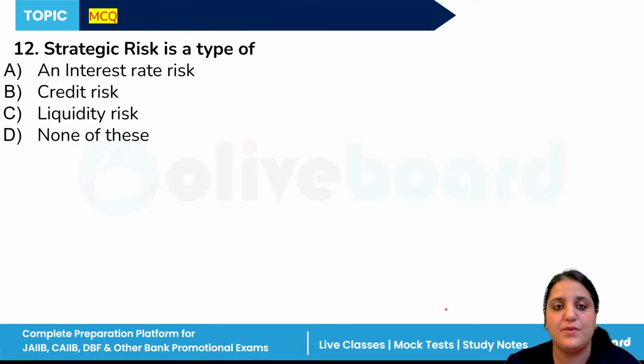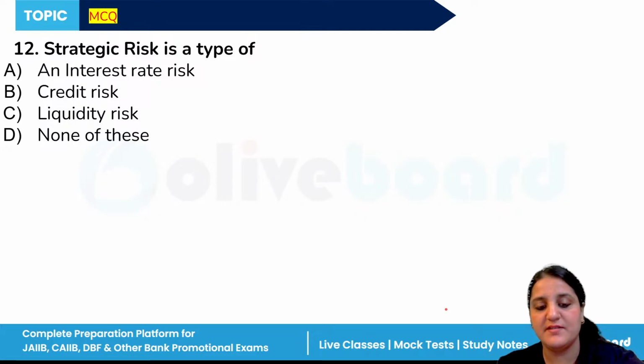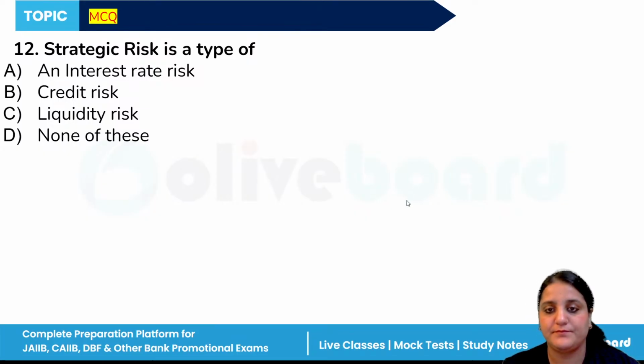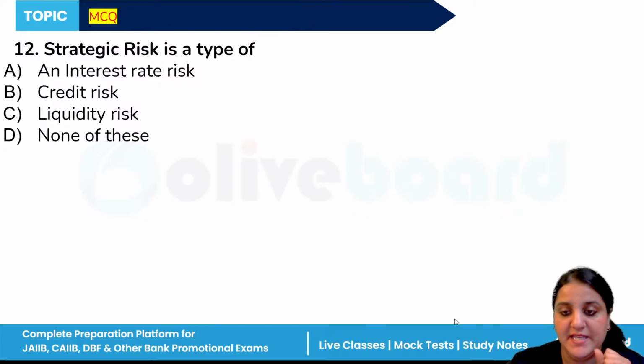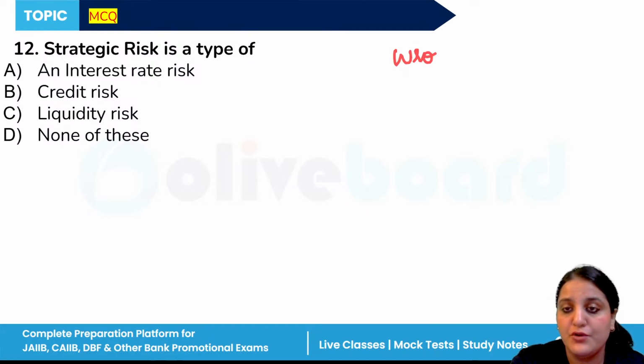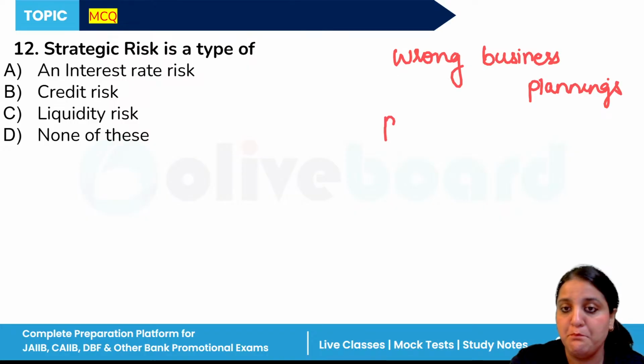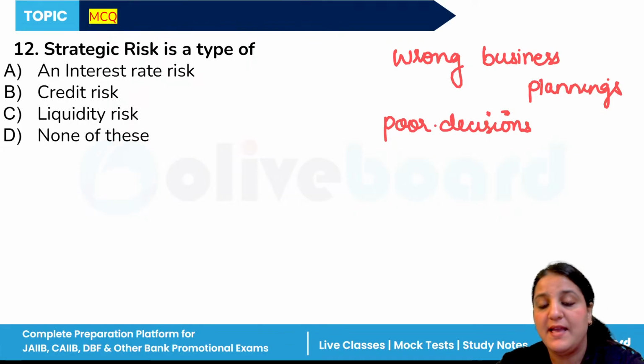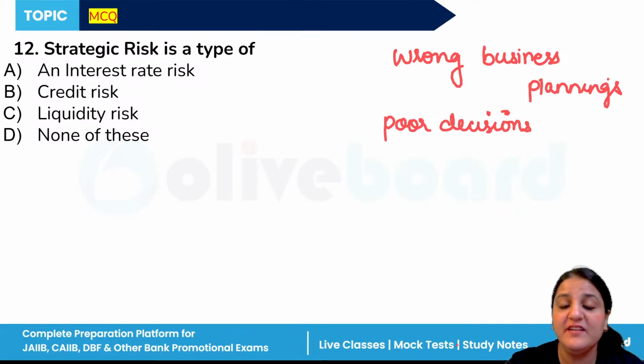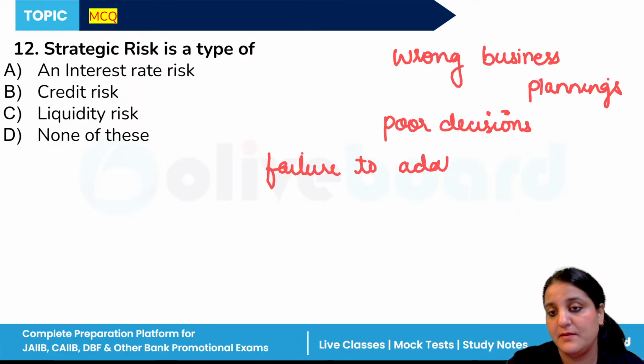Now, the next question, strategic risk. Strategic risk arises due to wrong business planning, poor decisions, as well as failure to adapt to market changes.